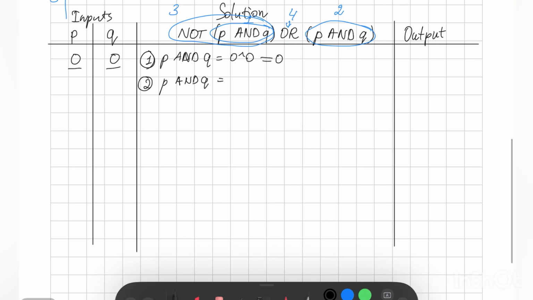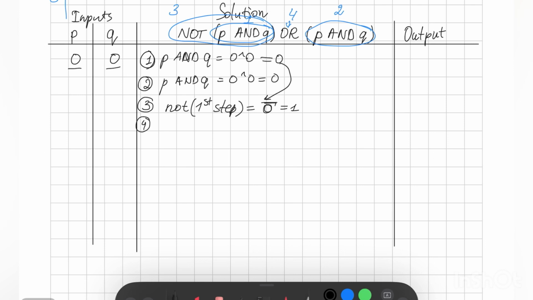I think we don't have to calculate it, just copy the previous step. Third step is not first step, okay? We'll just get the answer of first step, 0, and put not sign here. If it is not 0, it is 1.